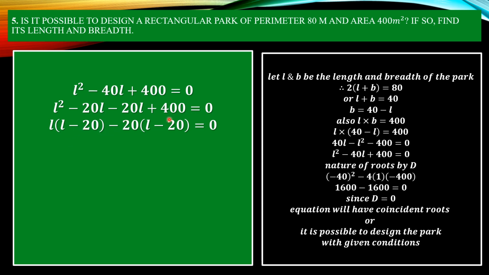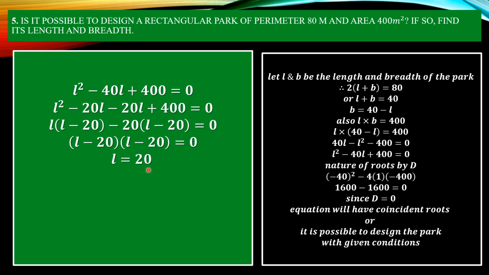From these two terms, minus 20 is taken out common. Within the bracket, we are left with L minus 20. Minus is already outside the bracket, so this plus is a minus, right? Then L minus 20 is common from this and this. So in the second bracket, we are left with L from here and minus 20 from here. So L minus 20 times L minus 20 is equal to 0.